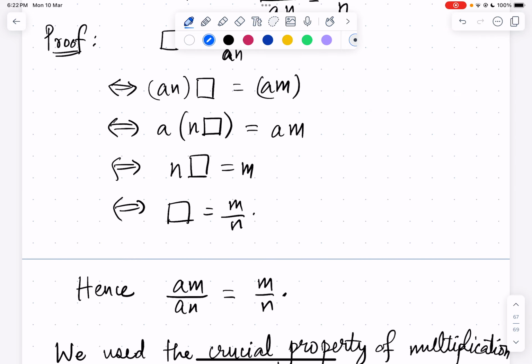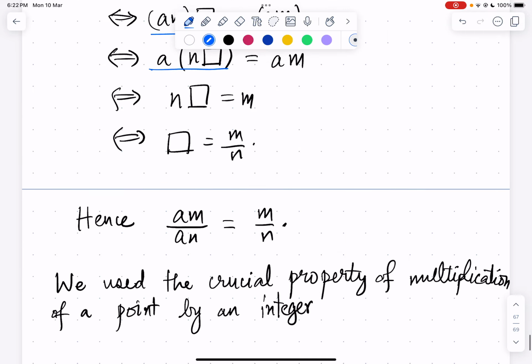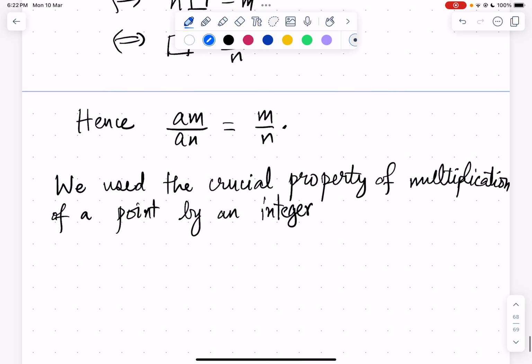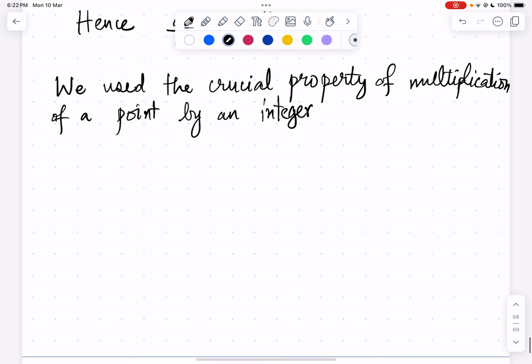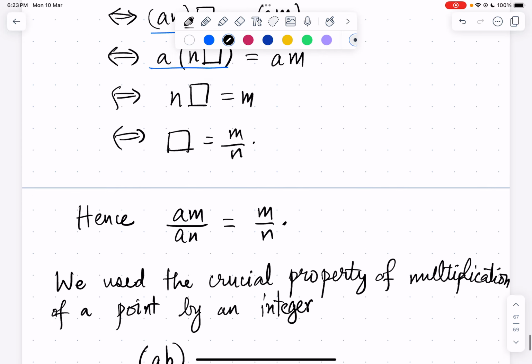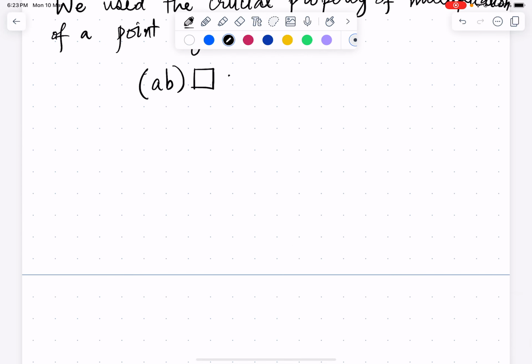So here, we wrote this as this, right? Here we use the crucial property of multiplication of a point by an integer, namely ab times a point box is a times b times box.